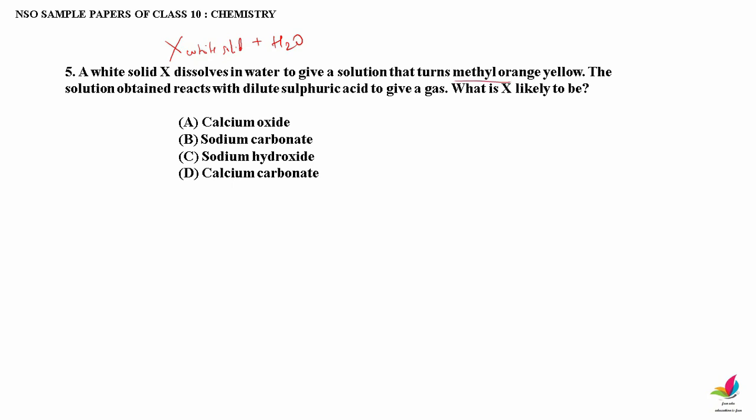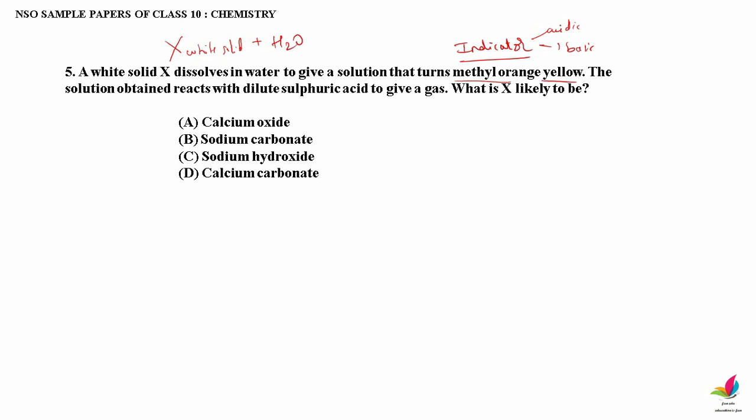Now what is this methyl orange? It is an indicator. So what are indicators? We know that indicators are used to identify the nature of the solution, that is, whether the solution is acidic or basic, and that too with the help of color change.